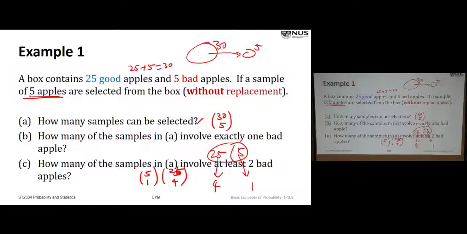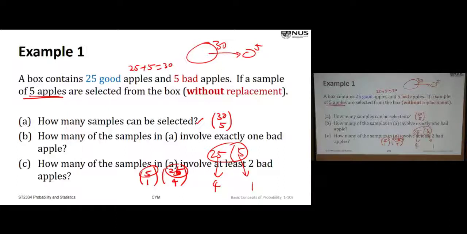You have to understand why we apply the multiplication rule: for each way that you choose a bad apple, there are so many ways that you can choose the good apples. How many ways? Choose 4 out of 25. As a check, whenever you do this, add up these 2 numbers, and they should equal the number of items available for you to choose.